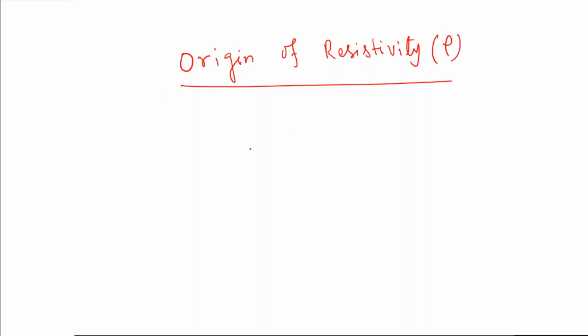So today, first we'll discuss the origin of resistance or resistivity. Resistivity is the fundamental property, and resistance is the manifestation, the effect, of resistivity. Resistivity is denoted by rho.